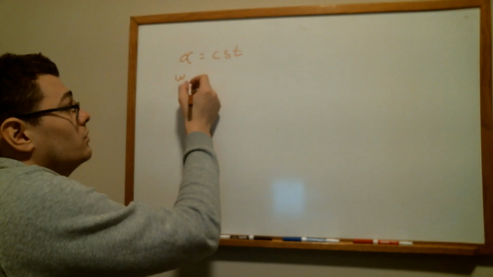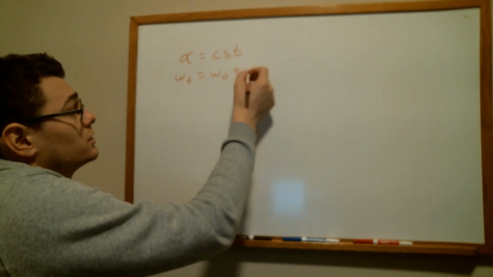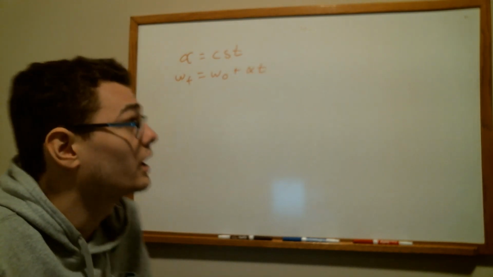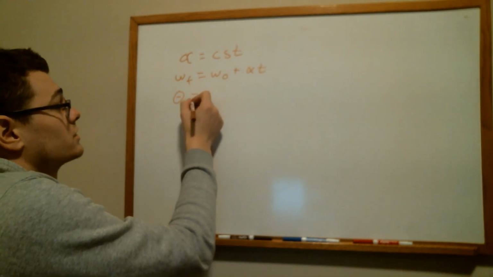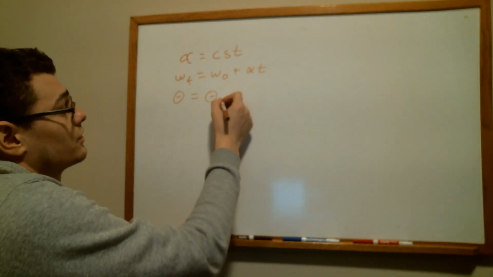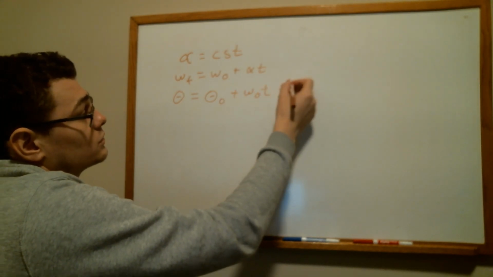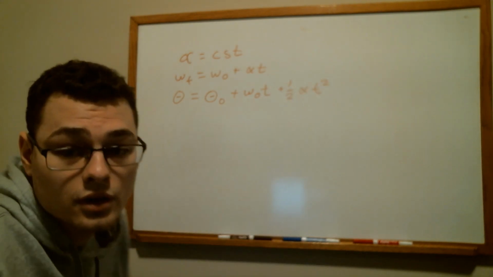Omega f is equal to omega naught plus alpha t. And then we can take the other analogous equation to be theta is equal to theta naught plus omega naught t plus 1/2 alpha t squared.